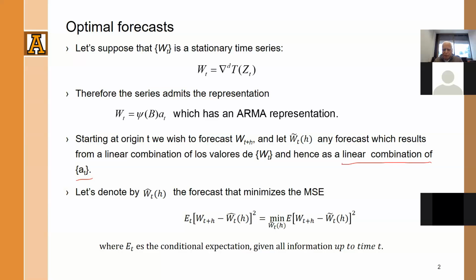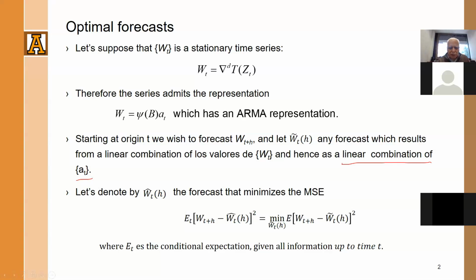W hat will be the minimum over all the estimates W tilde, which are linear combinations of the ATs. So we take all possible estimates that result from a linear combination of WTs, and the optimal forecast will be the one that minimizes the squared errors in conditional expectation.